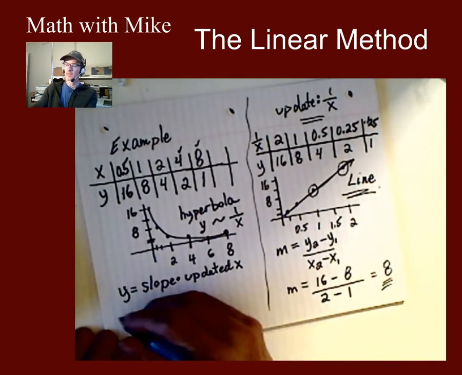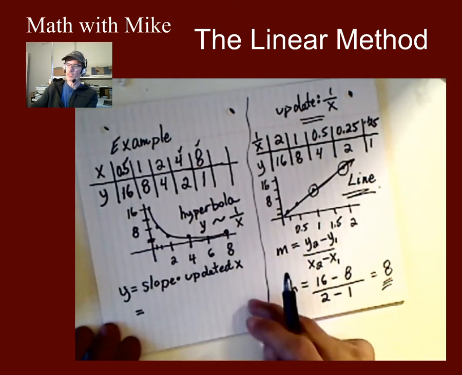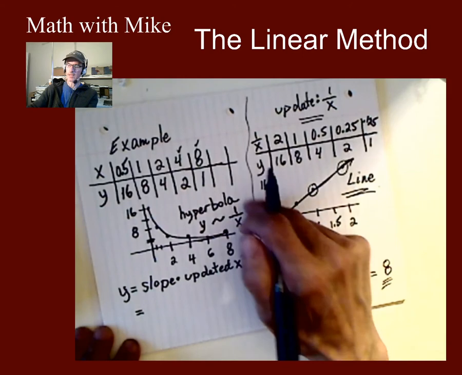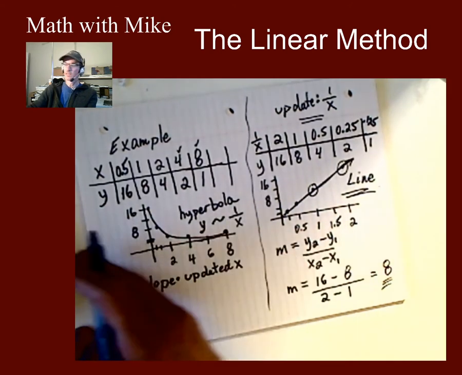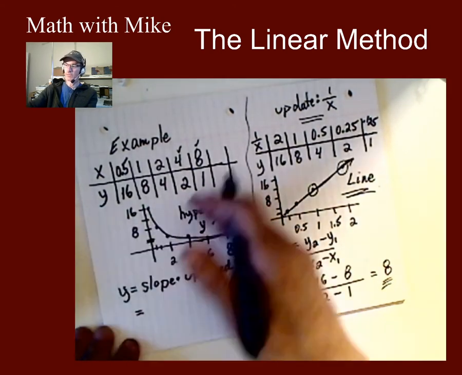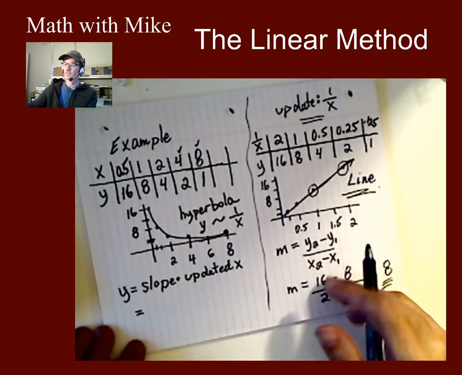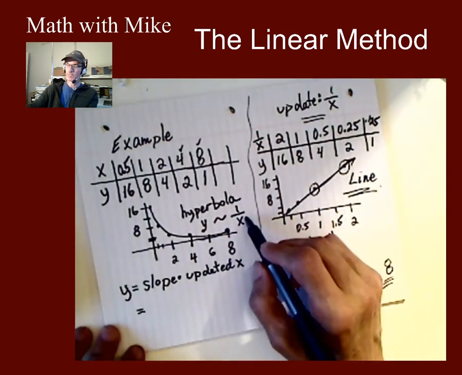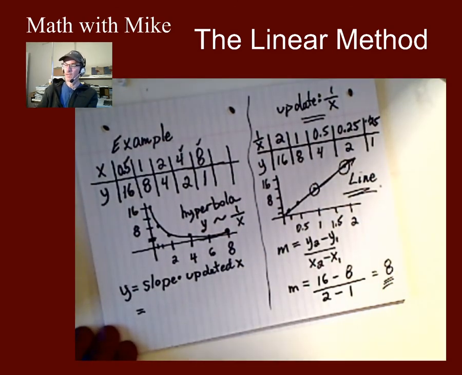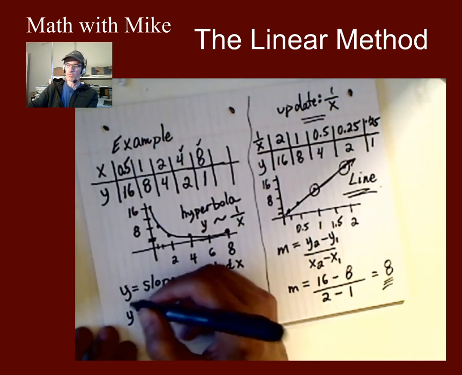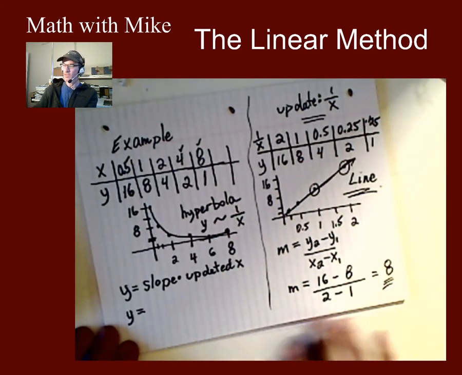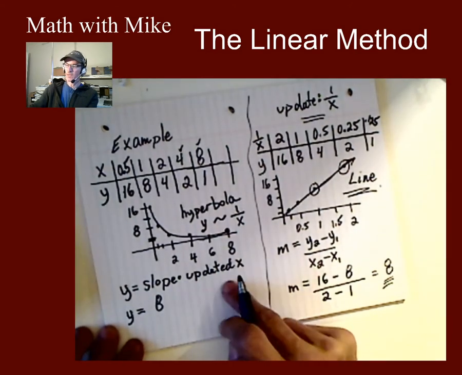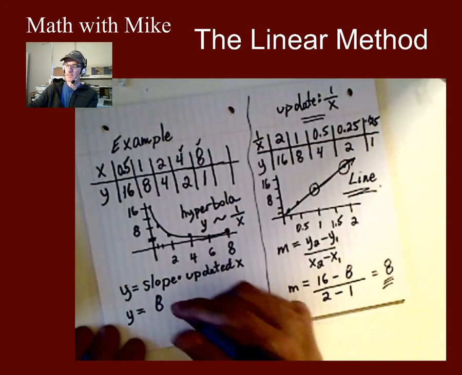That fits better, even though I actually prefer parent function because it goes back and forces you to check with the original picture, which started this whole process. But anyways, as long as we put it in correctly, we're going to be all right. Y is our y variable. Slope is 8. The parent function, the updated x, is 1 over x.